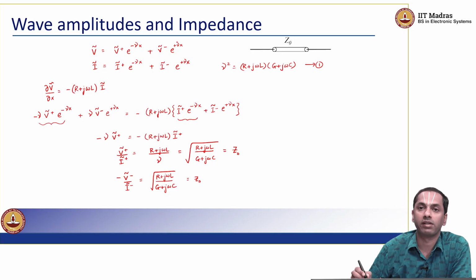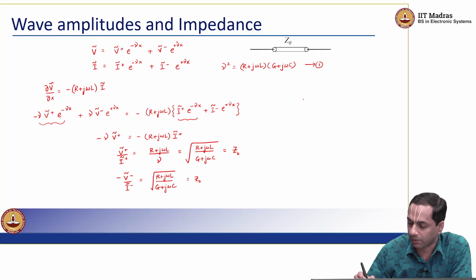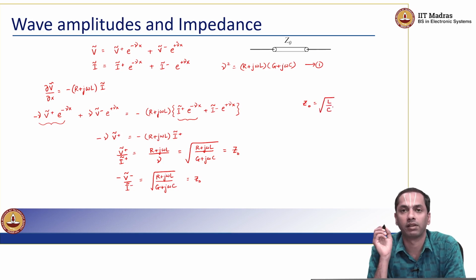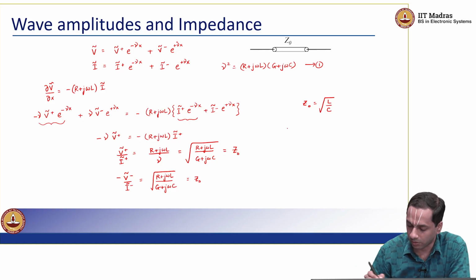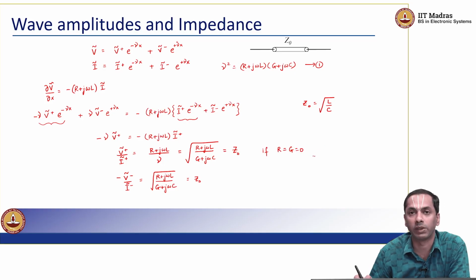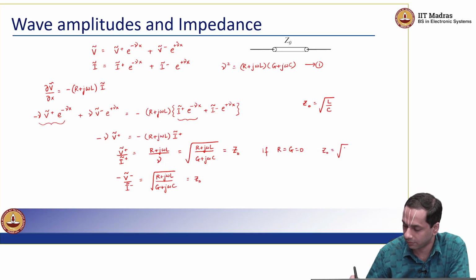Just to do a quick check, remember that for lossless transmission lines, we had said that Z0 was square root of L by C, right? In the time domain analysis, we had said that the characteristic impedance Z0 was square root of L by C. Here also we can say that if R and G go to 0, we notice that the j omegas cancel and you get back the same expression.